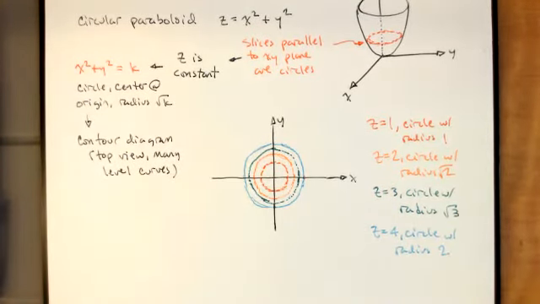So what we want to notice is that our level curves are all circles, and as z increases, we should see the circles getting closer together.